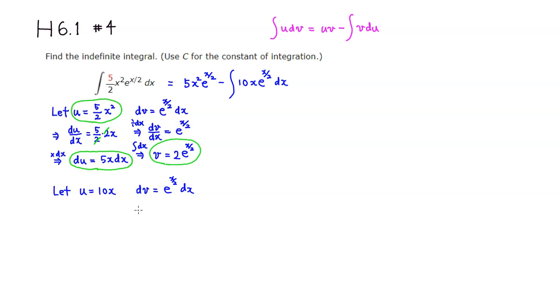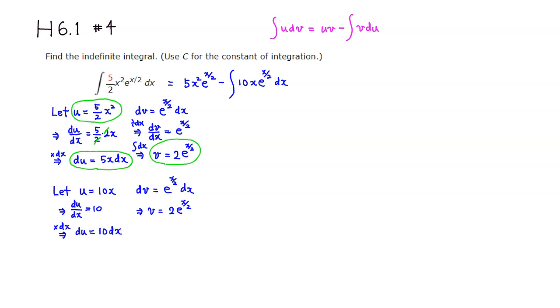So we know that v is equal to 2 times e to the x over 2. I'm just copying that. Then we take the derivative of u with respect to x, which gives you 10, which means that, multiplying through by dx, du is equal to 10 dx.